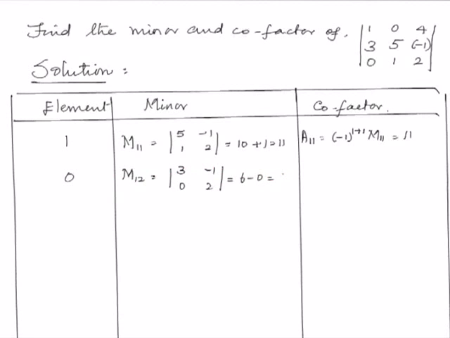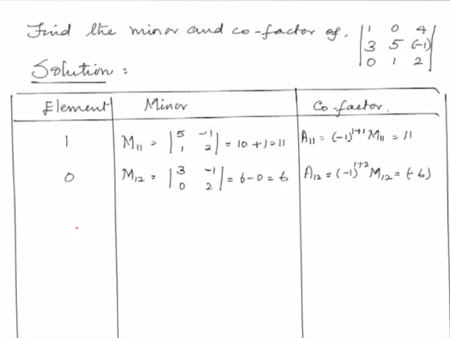So I am left with 3, minus 1, 1, 2, which is 6 minus 0, which is equal to 6. Now it is A12. So 1 and 2, the power will be odd power. So minus 1 to the power of 3 times the minor. So it is minus of 6. Hope you have understood. We proceed further.